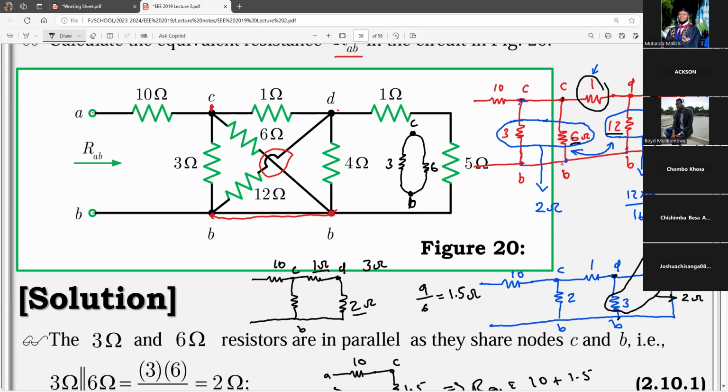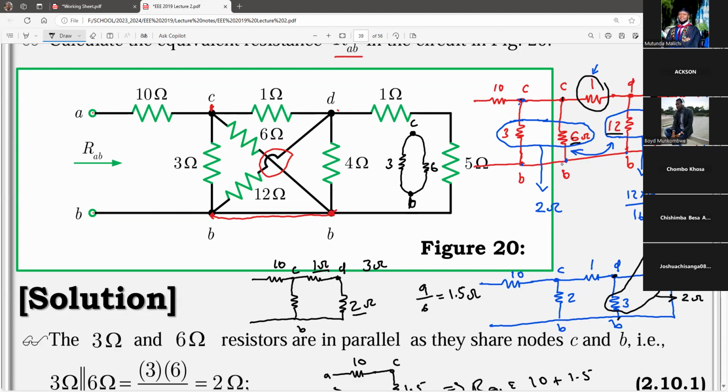right? But where is the other terminal of 1 connected? It's connected to D. The other terminal of 5 is connected to B. But between D and B, there is this other element there. So they can't be in parallel.